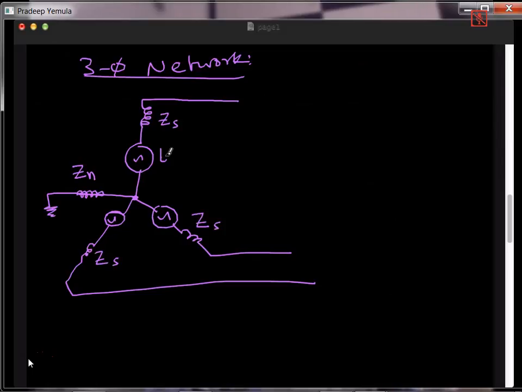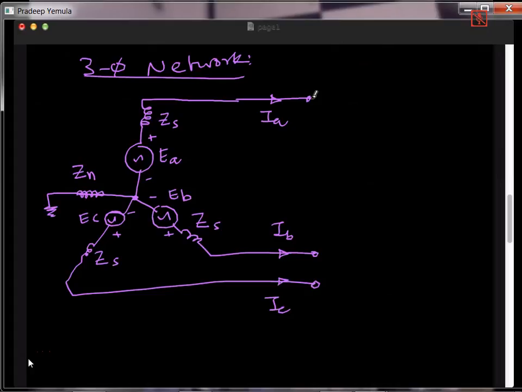This is the EMF induced in A phase, and C phase. So minus plus, minus plus. And finally, this is line current IA, this is line current IB, this is line current IC.